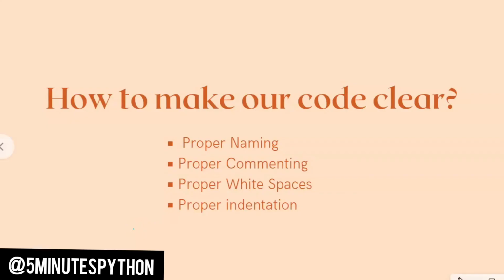We can make our code clear by giving proper names to the variables, by giving comments wherever needed, and by giving proper white spaces and indentation. These are the basic steps for writing clear code. There are many more steps for writing standard and professional code, and we'll learn that in our further videos.